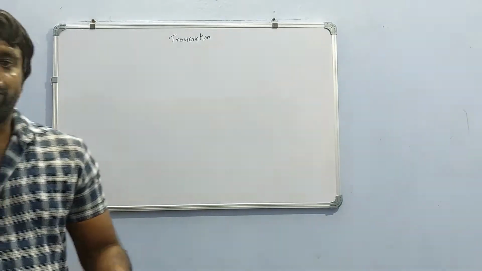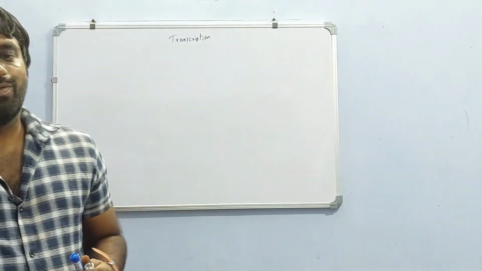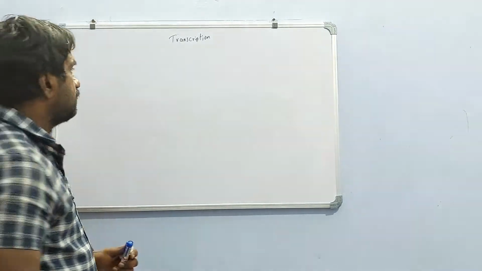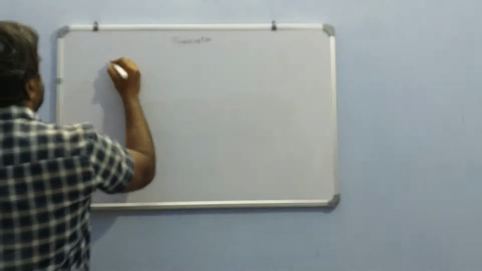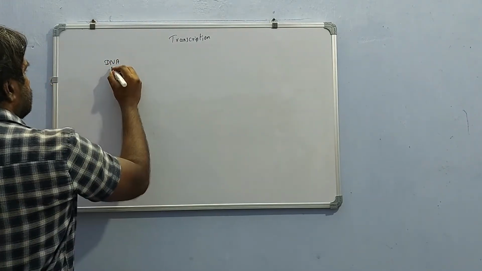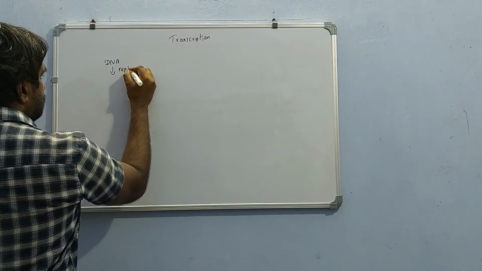Before going into what transcription is, you all know the central dogma of life. So what does it say? DNA is made into multiple copies of itself by the process of replication.